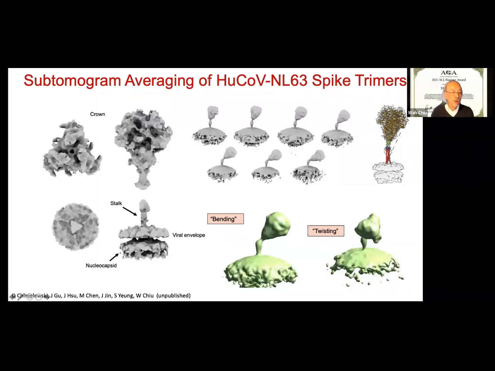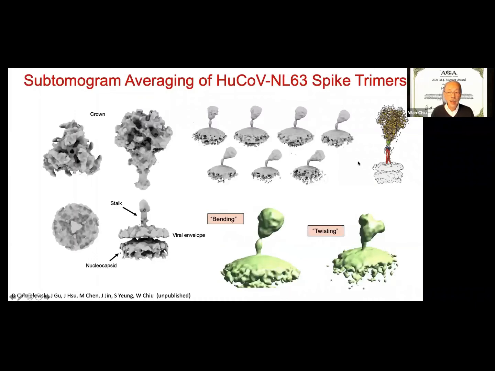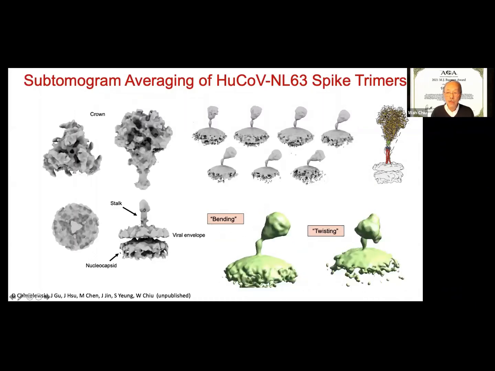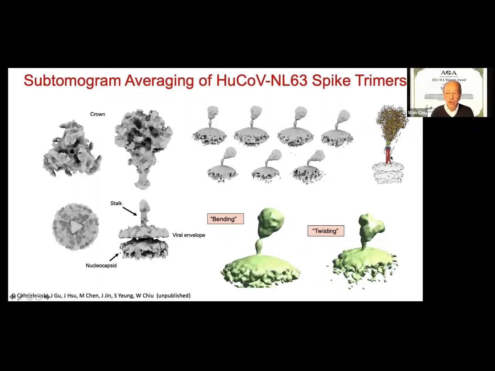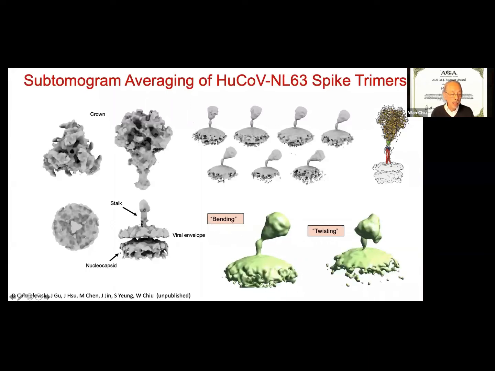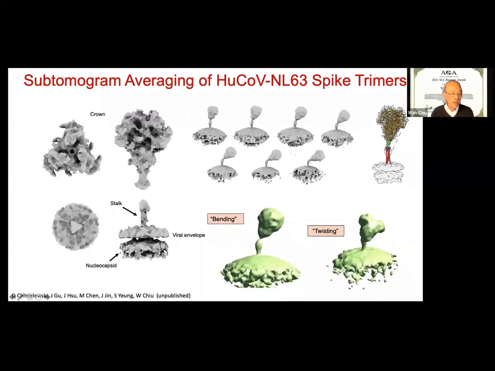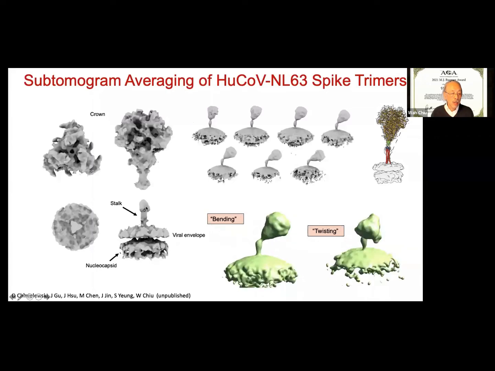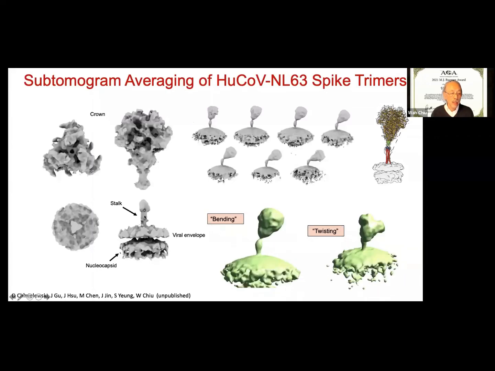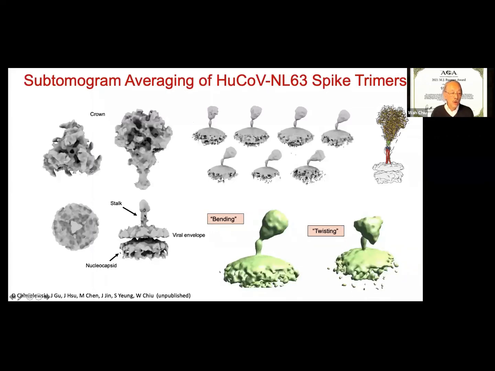In addition to the crown part, our cryo-EM structure only solved up to this top part, but not the stalk. The stalk part is right here. Based on the sequence, it is predicted to be a coiled-coil helix that forms a triple helix to form the stalk. Since we picked each of these regions from each spike, having solved this structure, we can put it back onto each of the spikes.